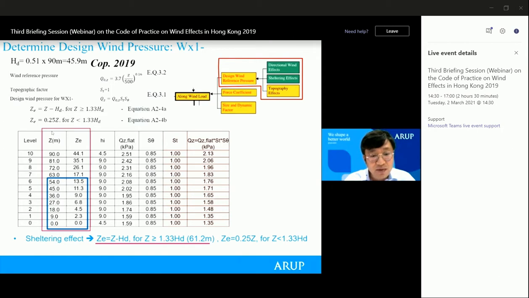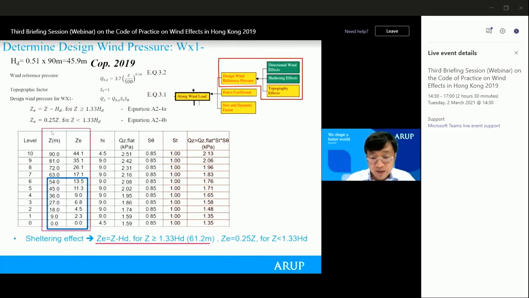So anything above 61.2, we take the effective height ZE equal to actual height minus displacement height. But anything below 61.2, the effective height ZE should be taken as 0.25 HZ. That is highlighted in the blue box.